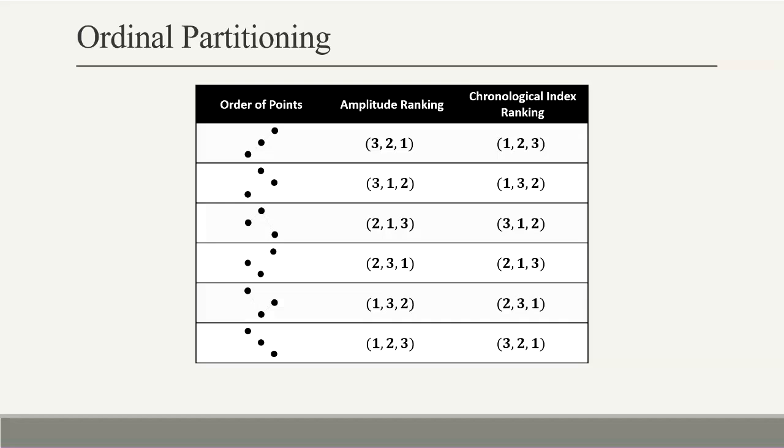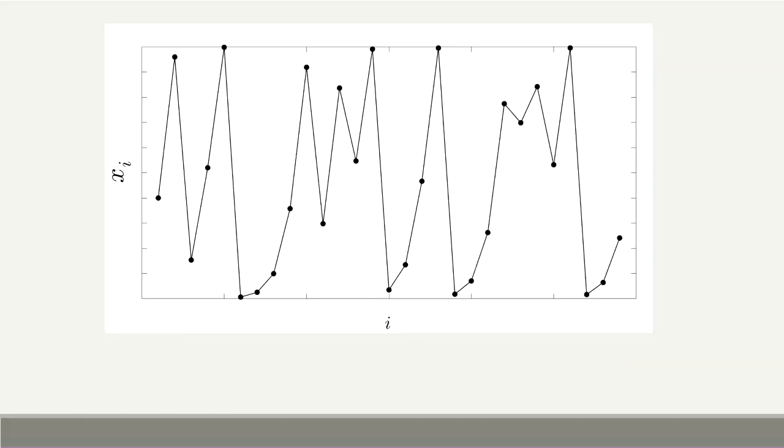I can use any kind of coding, based on the amplitude or chronological index ranking, whatever it is. I use the second one here, but it doesn't matter at all. It's just the coding that I use instead of the amplitude of each point.